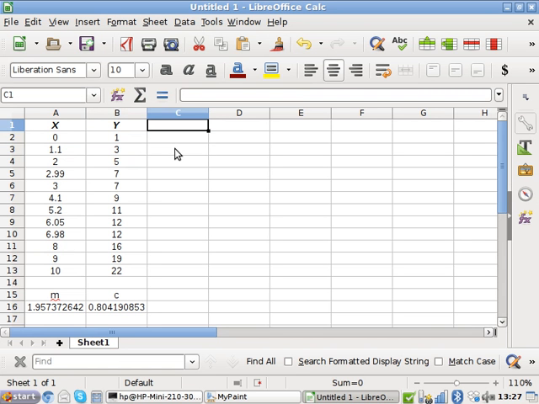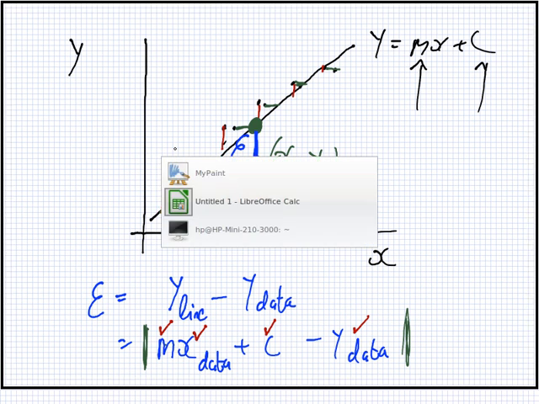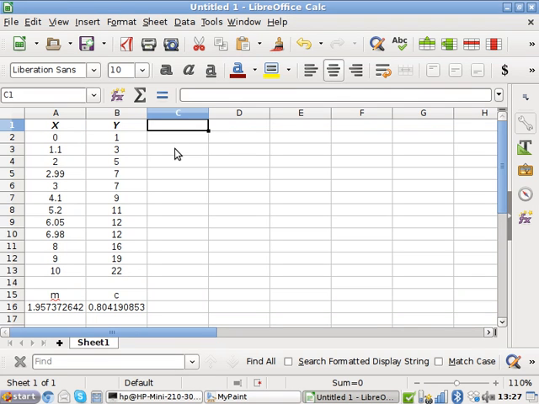Now, there is a name for this. It's not quite called error. There's a special word that describes this length of the difference between the data and the line. I don't think anyone would know it. It's called residual. So I'll just write residual y, res y.